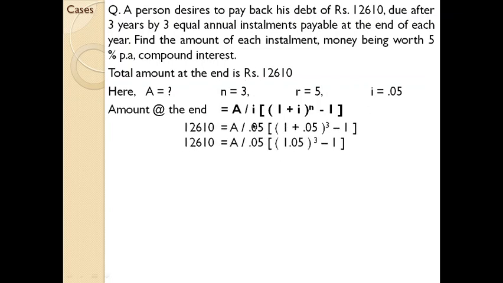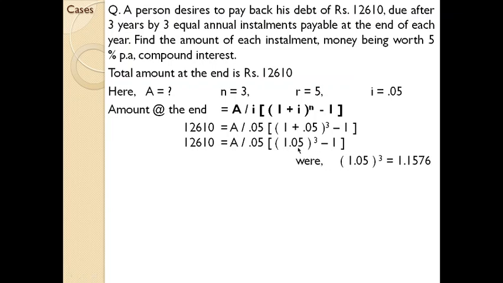So the amount at the end of the period, 12,610, equals A divided by 0.05 into (1 plus 0.05) raised to 3 minus 1. This can be solved as 12610 equals A divided by 0.05 into (1.05 raised to 3 minus 1).